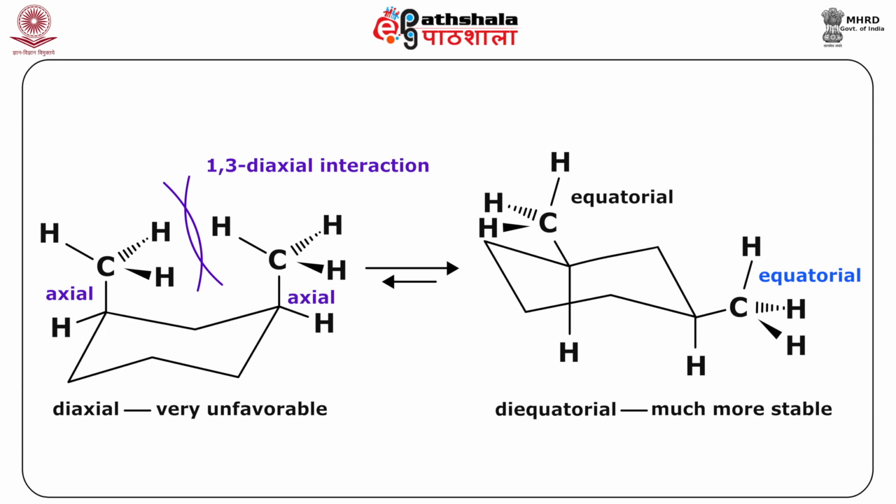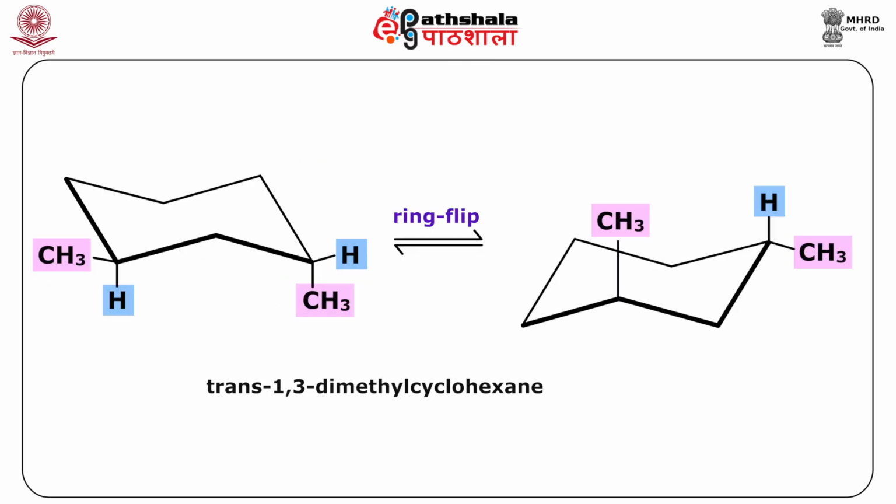On the contrary, the diequatorial conformer is absolutely strain free, and thus the ring prefers to remain in this conformation, which is shown in the following figure. The trans isomer has both the conformers equivalent in energy, whether it is AE or EA, and thus the ring flipping occurs without any preference. As shown in the following figure, the ring is flipping and the energies of both the conformers are absolutely equivalent.